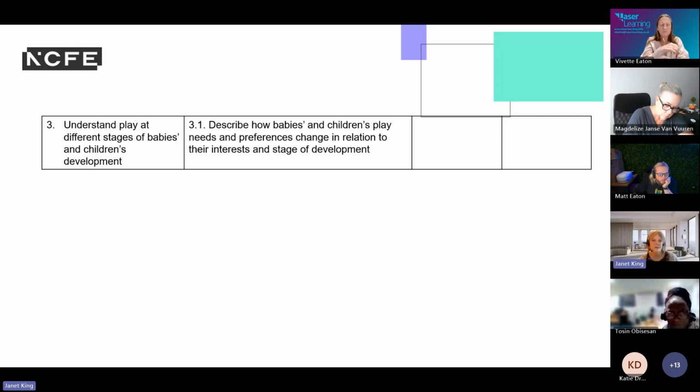We talk about continuous provision and always having this and this available, and how flexible and agile are we in terms of allowing the children to make their own choices? Are we always putting out those firm favourites? How can we make things a little bit more interesting?